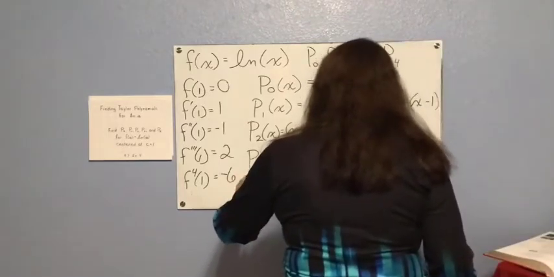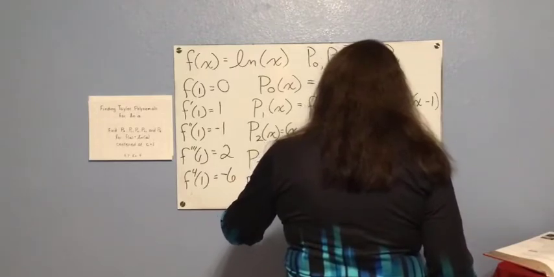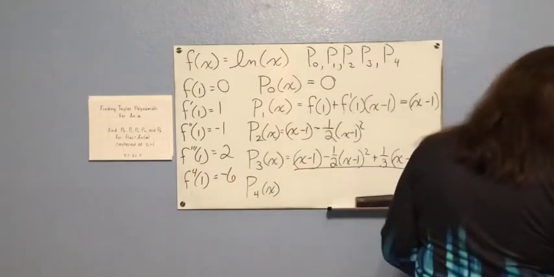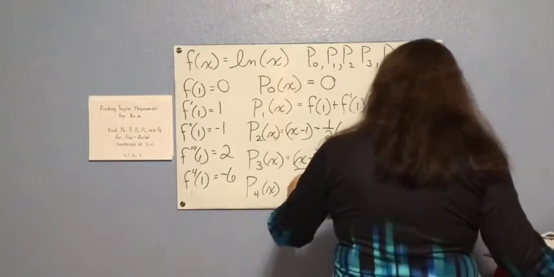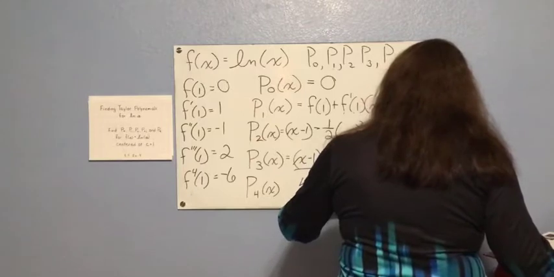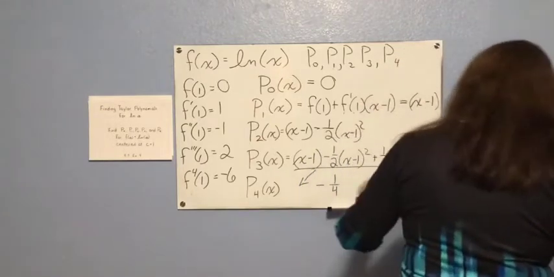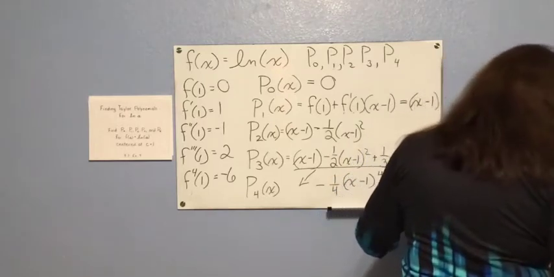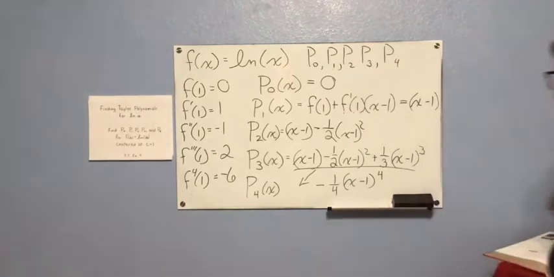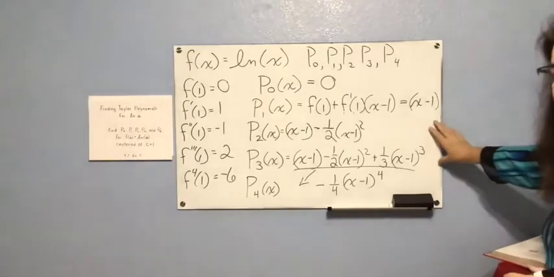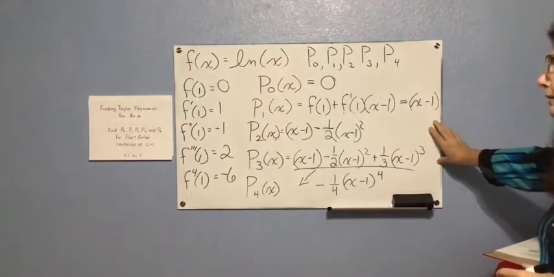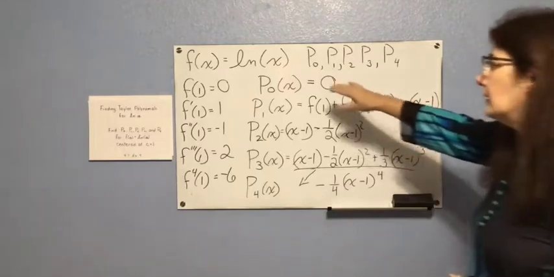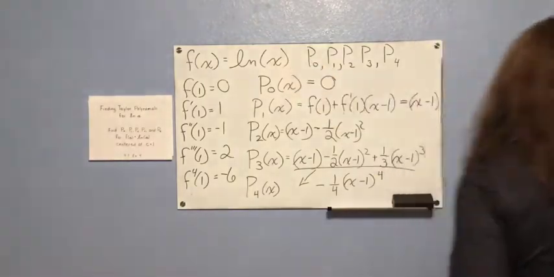And then p sub 4 of x would have all of this minus 1/4 of x minus 1 to the 4th. Okay, we're going to take these polynomials that we've come up with, put them in the calculator, and take a look at how well they approximate our function natural log of x.